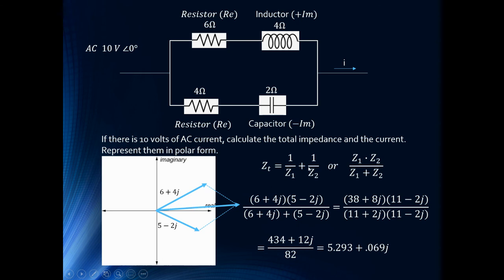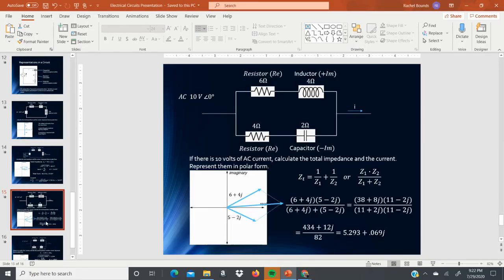And then this is the impedance for the other parallel circuit, the second one here, and that is 5 minus 2j.